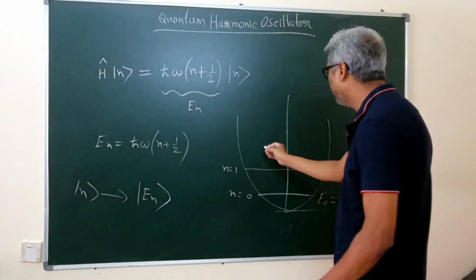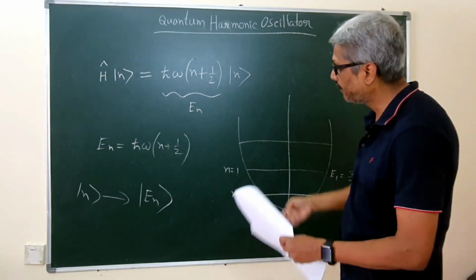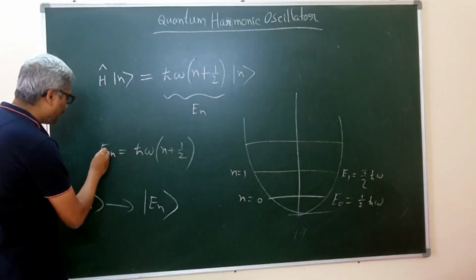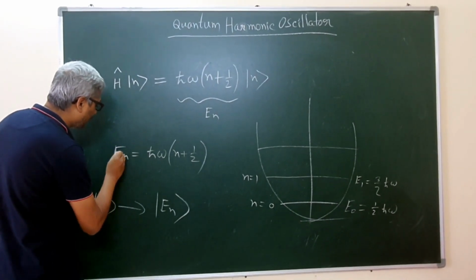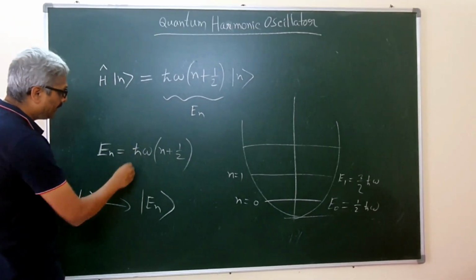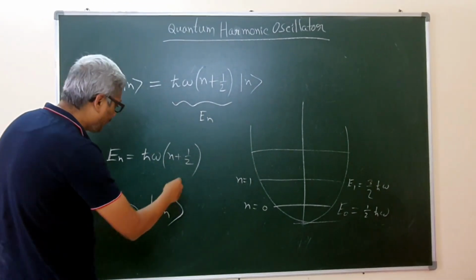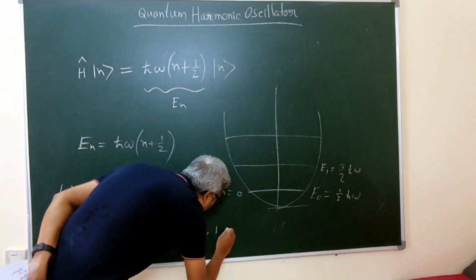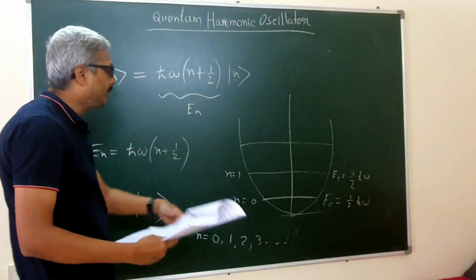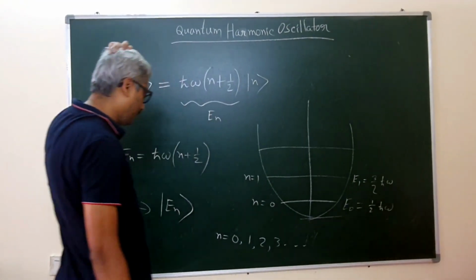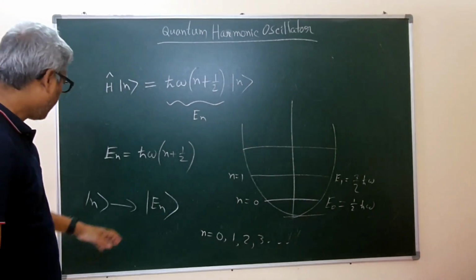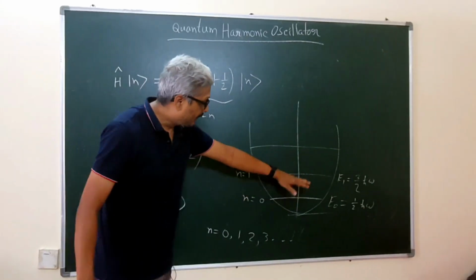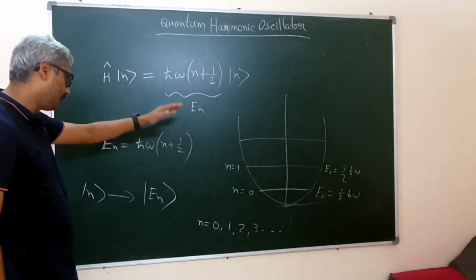Similarly, all the energy eigenvalues for the Hamiltonian are given by E_n equals ħω(n plus half), where n is equal to 0, 1, 2, 3, etc. So there can in principle be an infinite number of energy levels for the harmonic oscillator. We put n equal to 0, 1, 2, 3 and so on, and we will get all the energy eigenvalues or energy eigenstates.